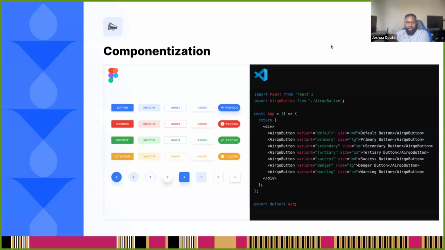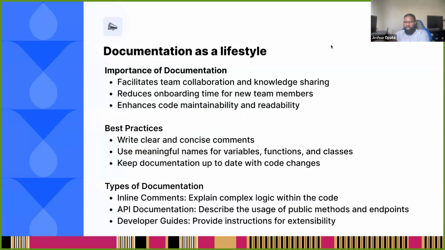So in this whole process, we are just going to reuse this button across the whole platform without trying to make changes anytime we have to extend the feature. So we can now move to how we document all this. How do we make it easy for someone else to understand what our code is about, and even ourselves.